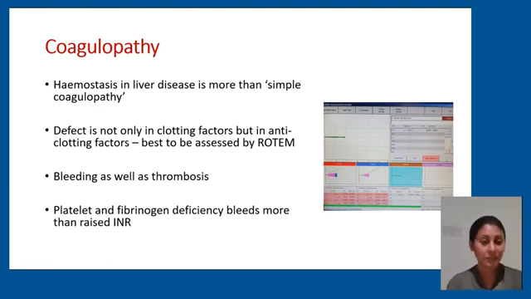But sometimes we can accommodate INR of 4, 5, up to 5, provided their fibrinogen as well as platelets are corrected. Because it's a fact, they bleed more due to platelets and fibrinogen rather than due to extrinsic pathway defect. So I know we are very much frightened about INR, but actually that is not the culprit. It is mainly fibrinogen deficiency as well as low platelets which occur in the setup of chronic liver cell disease.